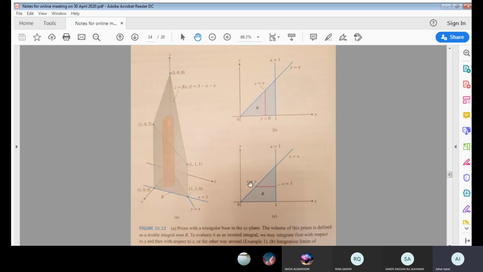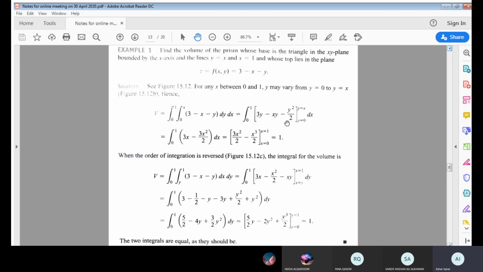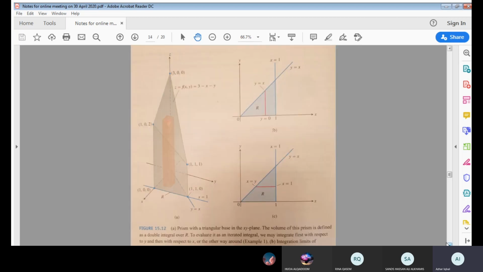It is x equals y because this is a line defining y equals x. So x is equal to y and x is equal to 1. And then you have this vertical line, and you integrate 3 minus x minus y when y is changing from 0 to x.